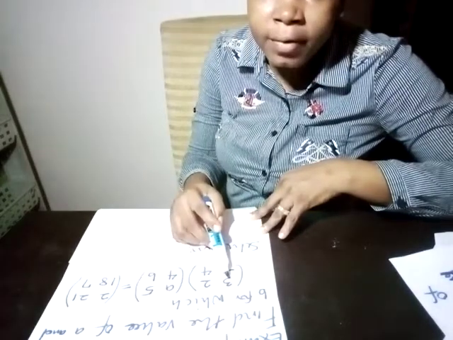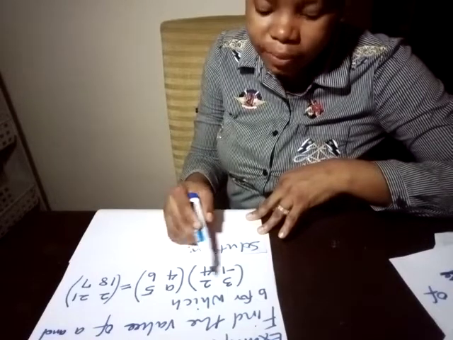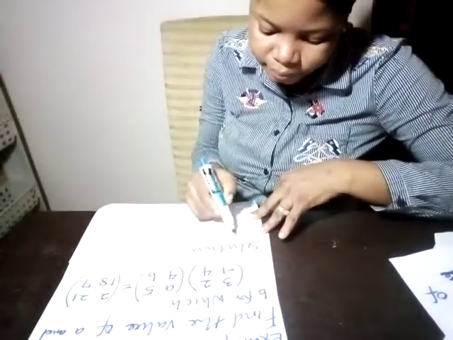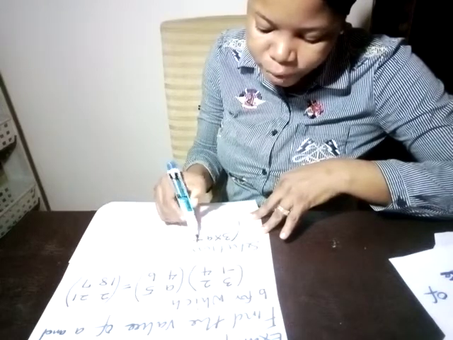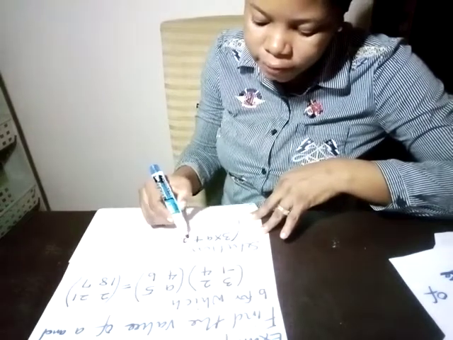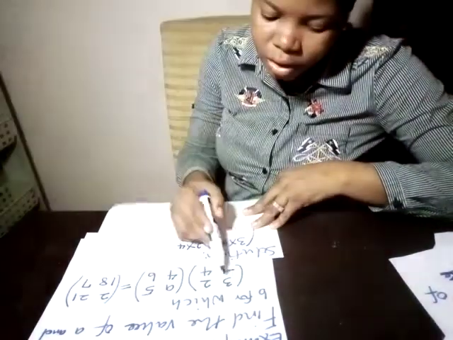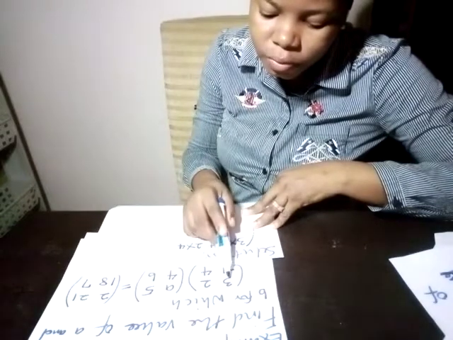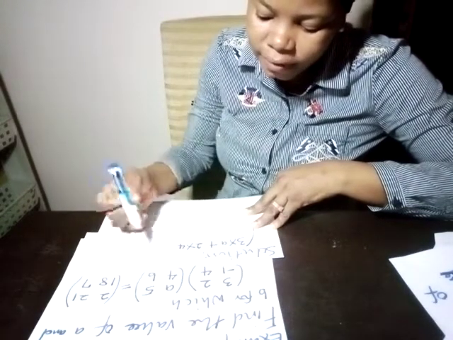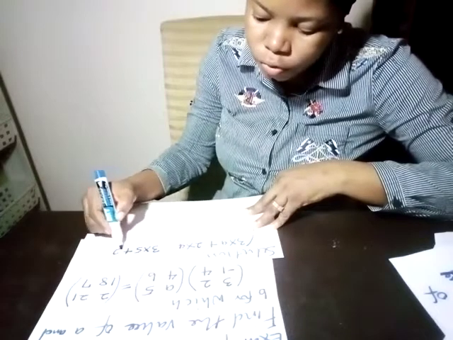Don't forget how we multiply. So we say 3 times a, plus 2 times 4. Do you get that now? Using the first row to multiply the second column, you will say 3 times 5 plus 2 times b.